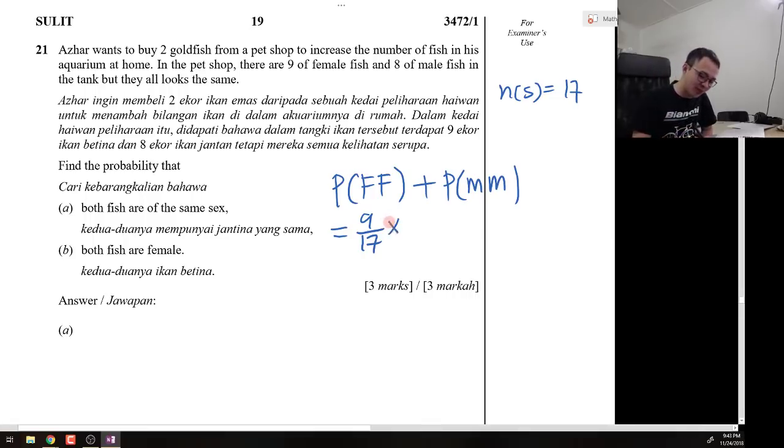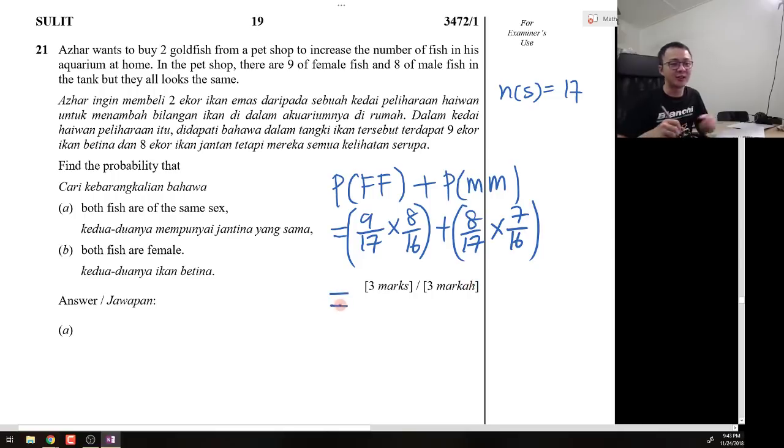So without replacement, for the second one, both also minus 1. So 8 over 16. Plus both male fish, we have 8 here, right? So 8 over 17 multiply 7 over 16. Alright, this is how we get the same sex. Yeah, you can use the tree diagram if you want.